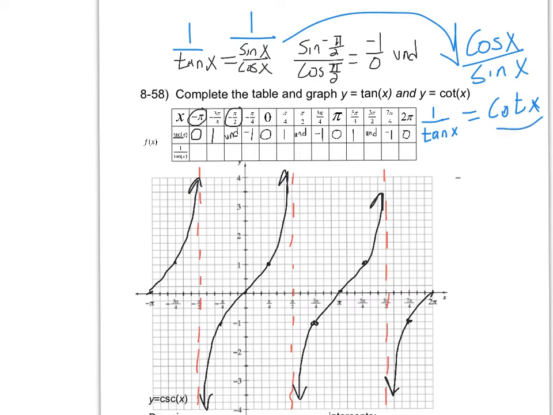So if you want to make a cotangent graph, you're actually going to be graphing the cosine of x divided by the sine of x. That's equal to the cotangent of x.